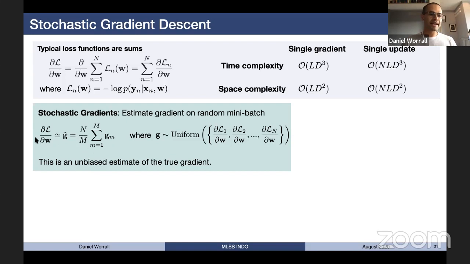Then I approximate my full gradient as a sum of these random gradients on individual data points. There's an extra correction term on here so that these two things are similar. That gives me a random gradient which on average points in the same direction as the true gradient.